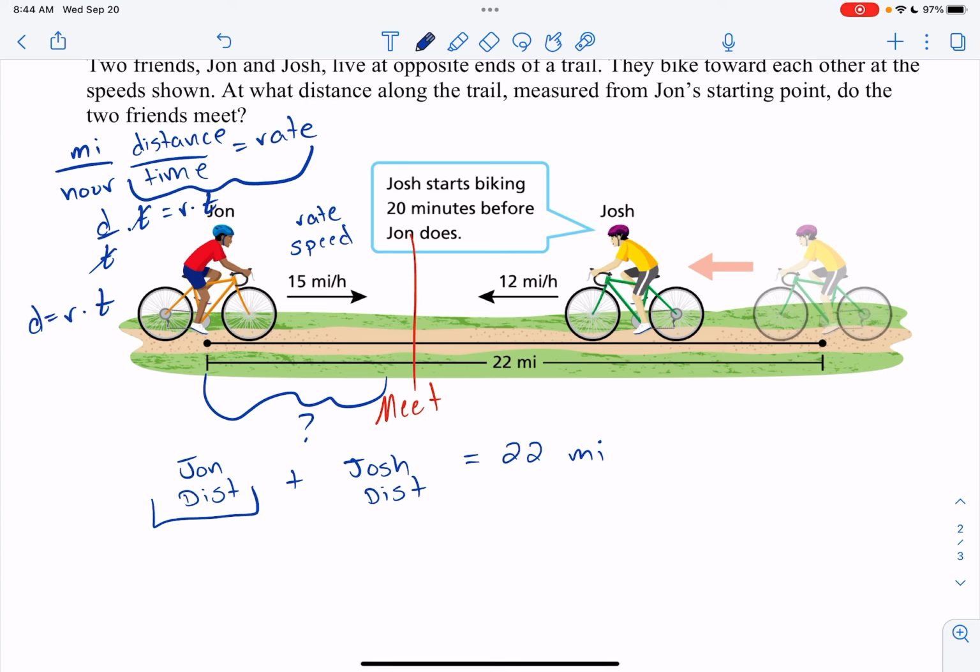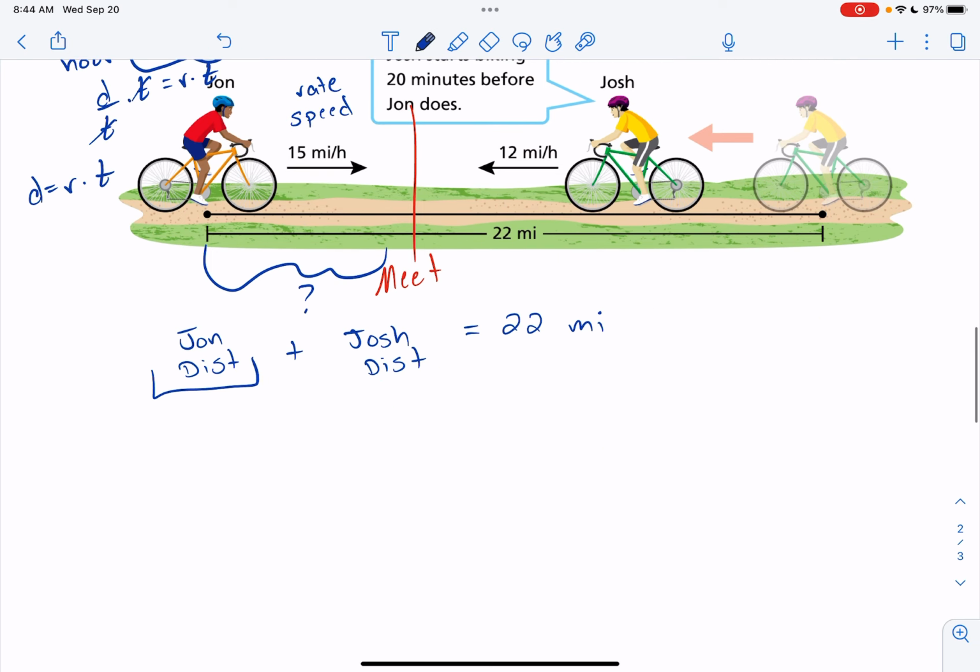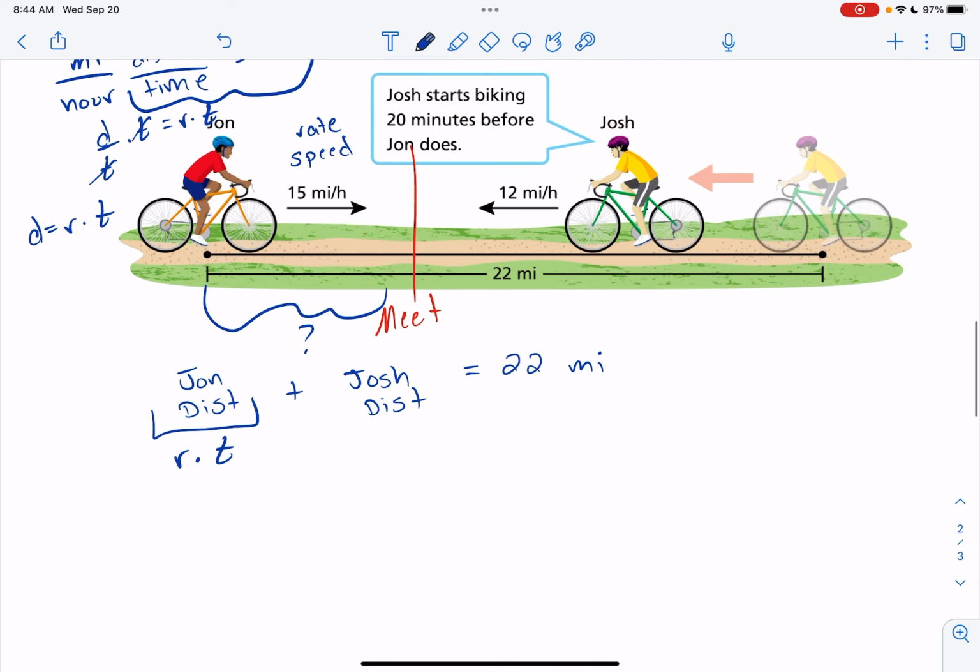I'm assuming you probably use this equation at some point in a science class somewhere, but I know John's distance is going to be his rate times his time. Do I know either of those? I know his rate. His rate is 15 miles per hour. So I'm going to leave the units in for now: 15 miles per hour times his time will give me John's distance.